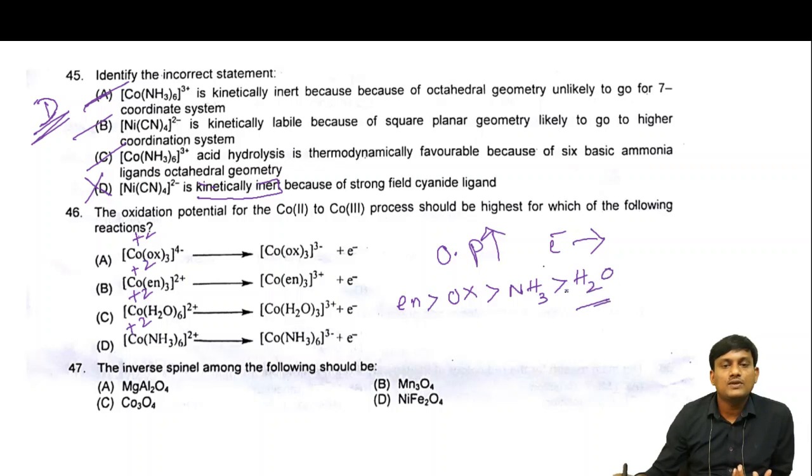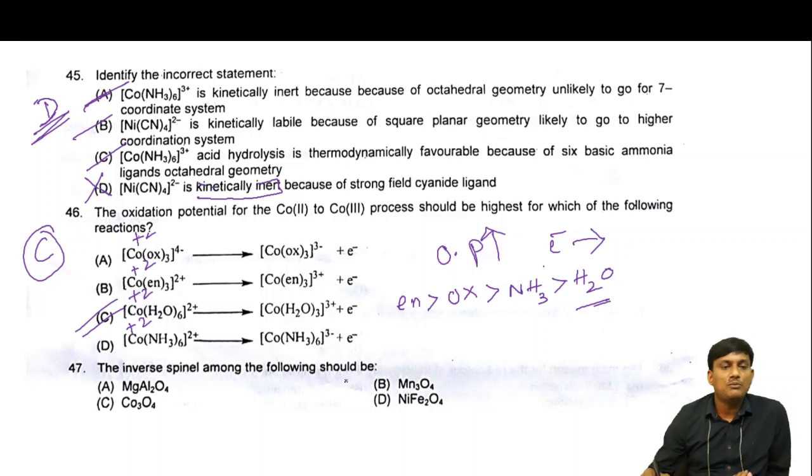Since H2O is a weak field ligand, the complex is unstable, the crystal field stabilization energy is low, so it can easily release an electron. So which one is the correct option? C is the correct option.